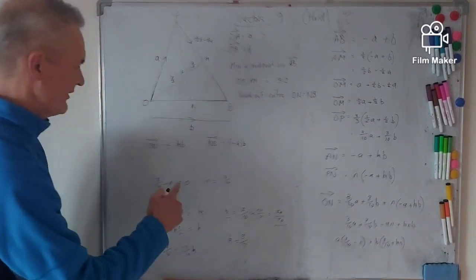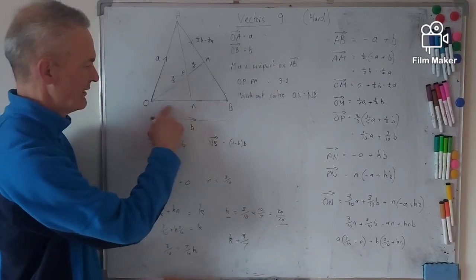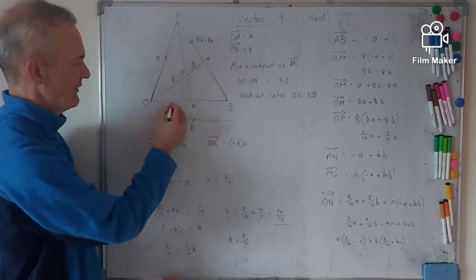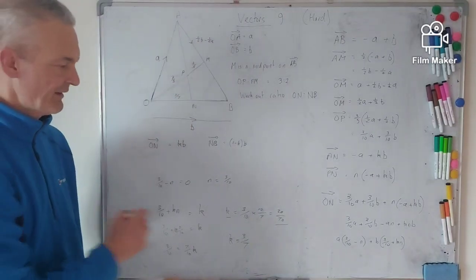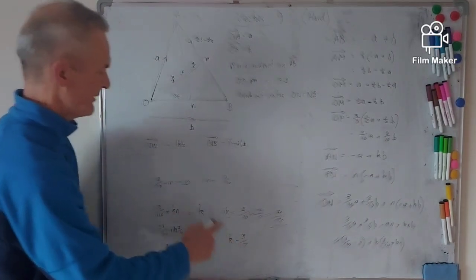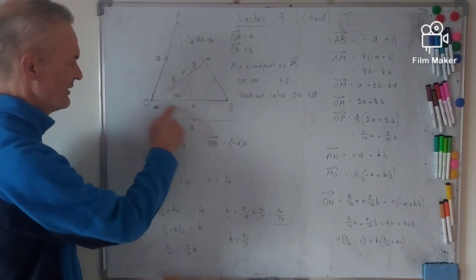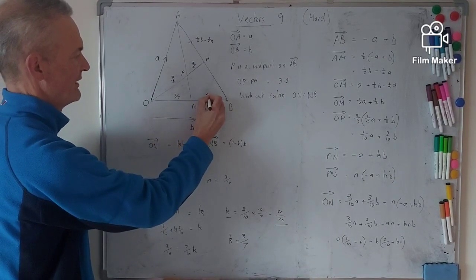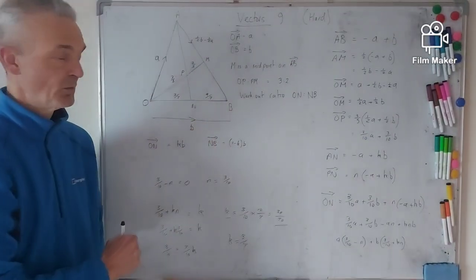Okay, so what's that mean? K is 3/7. So K is this fraction here of this part of the vector. So this bit here is 3/7. That's what we just found out here. K is 3/7, and K is this fraction of the vector. So the other part has got to be 4/7, because the whole of the vector is 1.